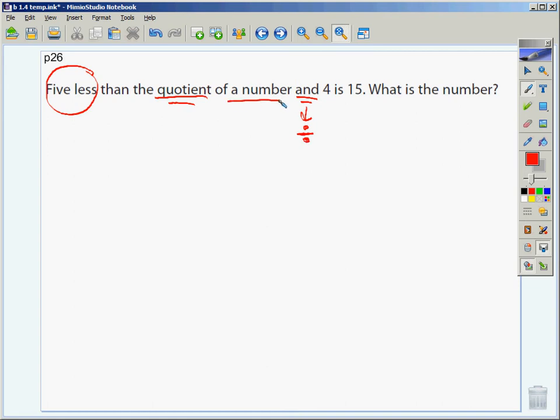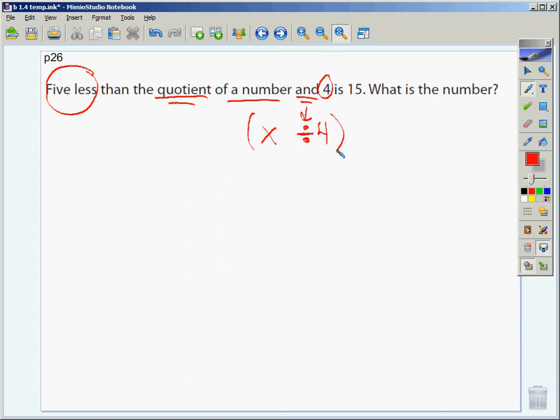A number. What's that? It's a variable. 4. X divided by 4.